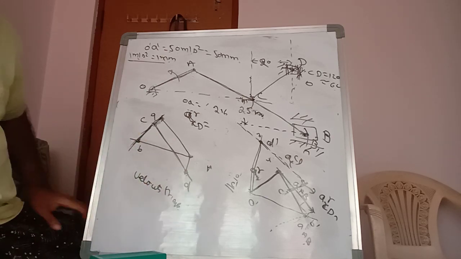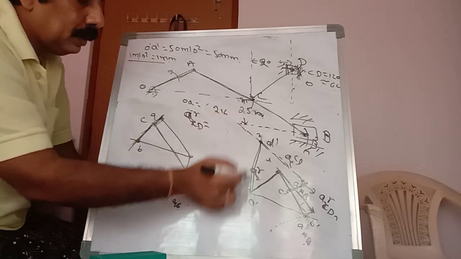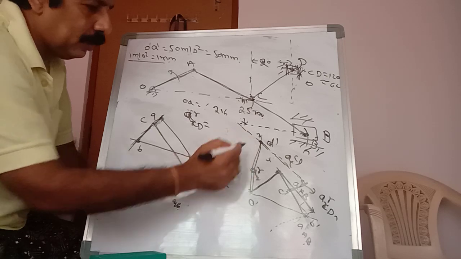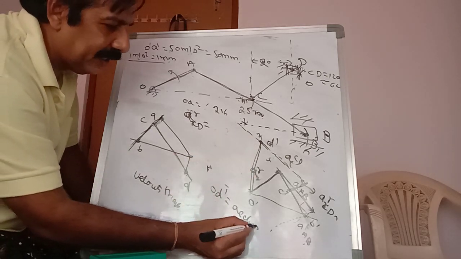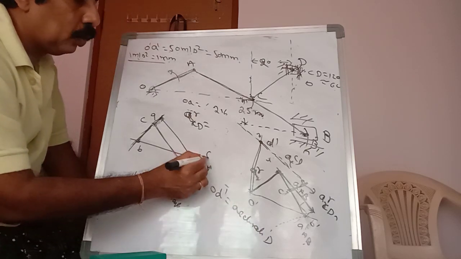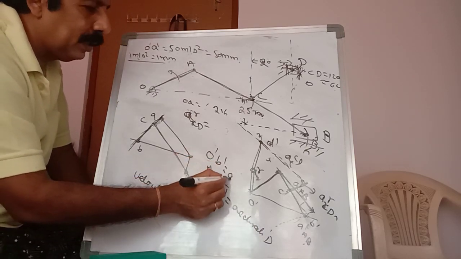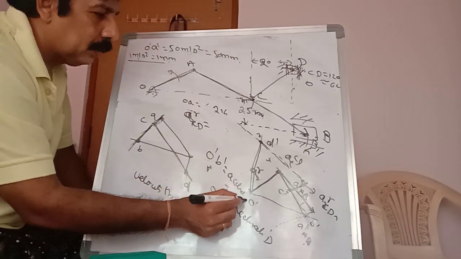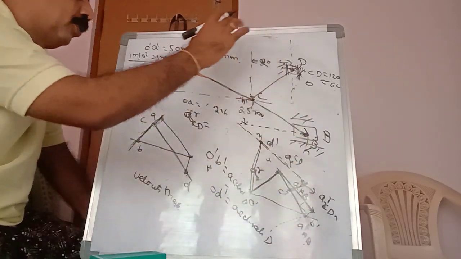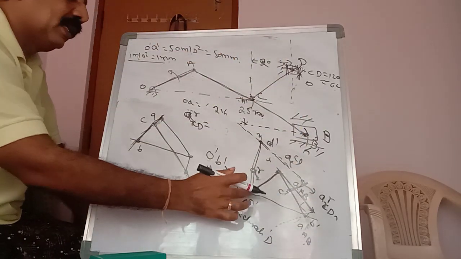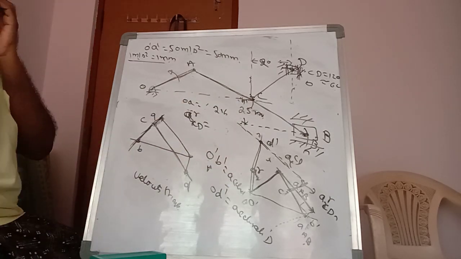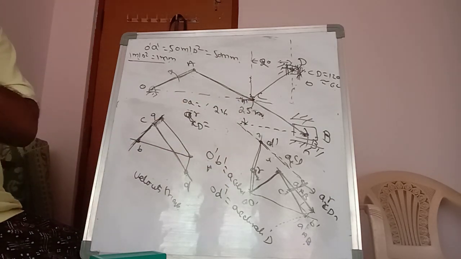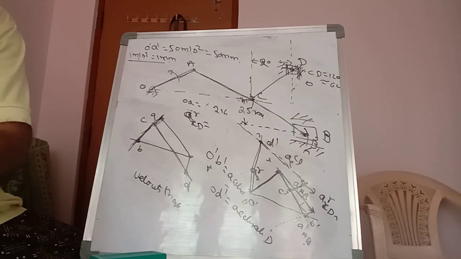D has only linear acceleration. Measure the length of O dash D dash. So O dash D dash is nothing but the acceleration of D. Similarly, O dash B dash is nothing but the acceleration of B. You have to measure these lengths and convert them into the scale. You will get the accelerations. So this is the problem to find the accelerations.